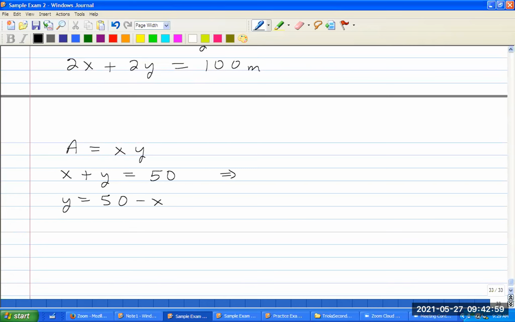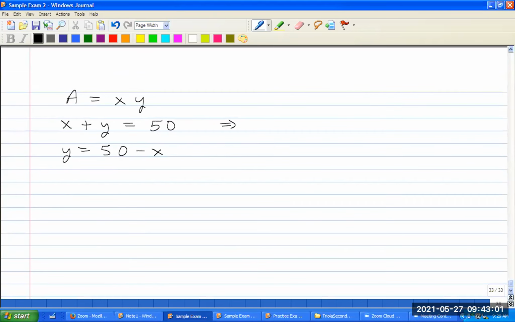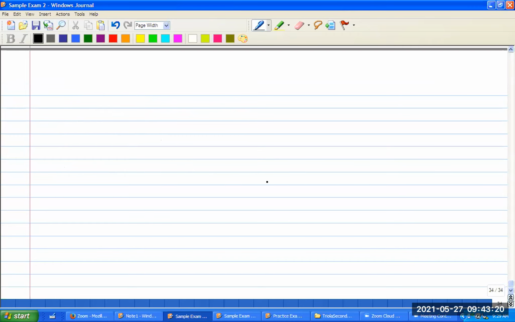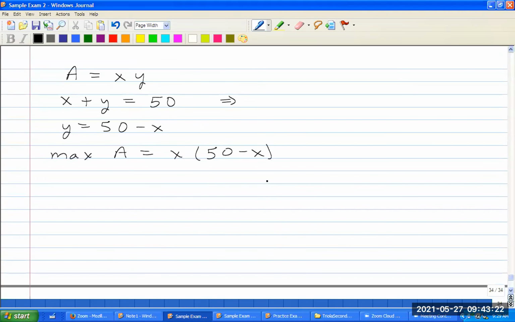Therefore, the area A that I want to maximize is just x times (50 minus x), which is equal to 50x minus x squared.